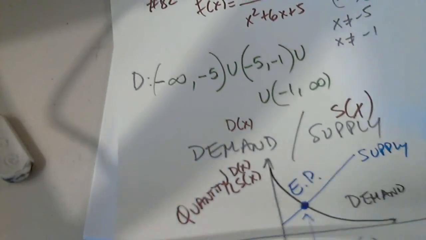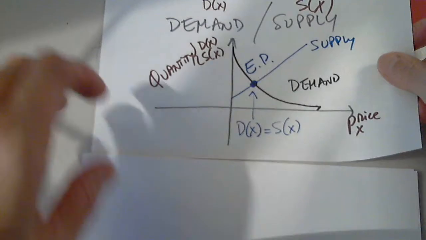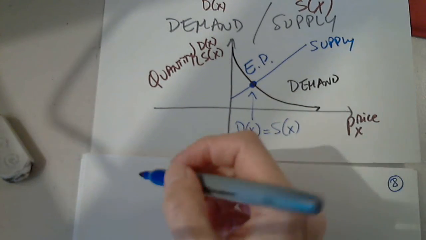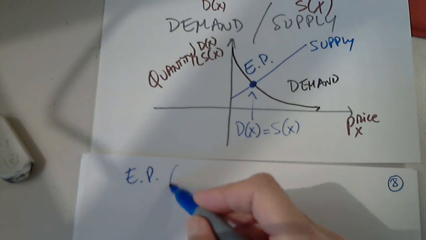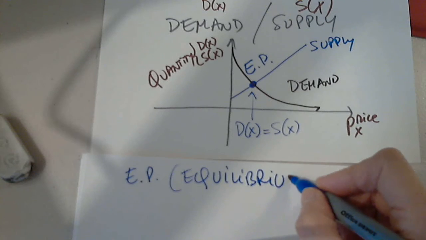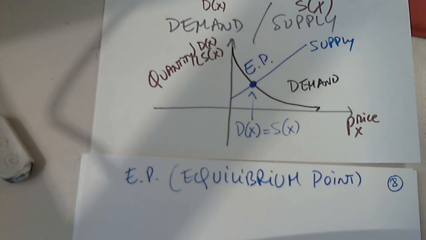So, EP is the equilibrium point where the demand and supply are the same. Now please choose any problem in which we are asked to determine the equilibrium point.